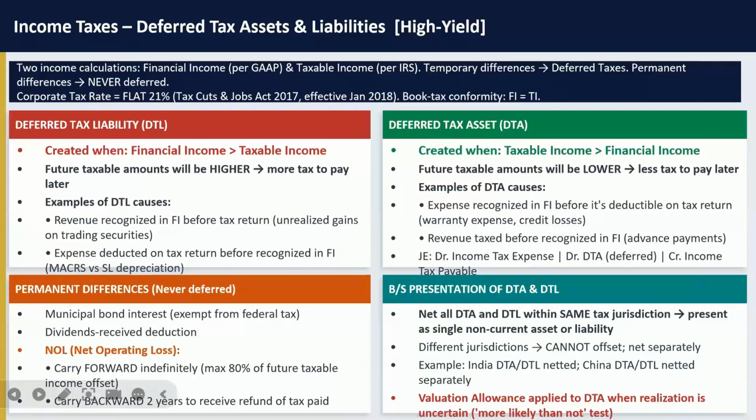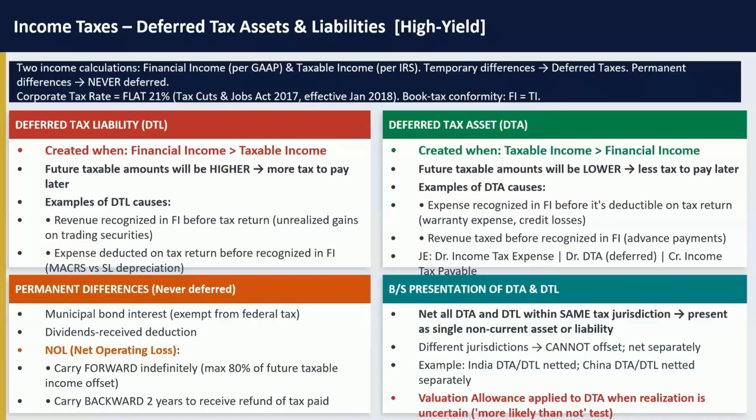So why is there a distinction between financial income and taxable income? According to US GAAP, we have to calculate according to its concepts, conventions, and principles. That is why financial income is calculated in the income statement. That will be different from taxable income, because for taxable income, you will pay taxes based on the actual cash transactions that took place.